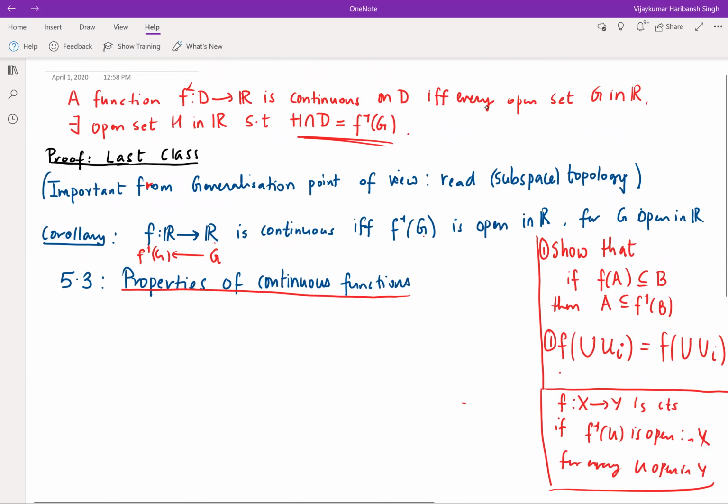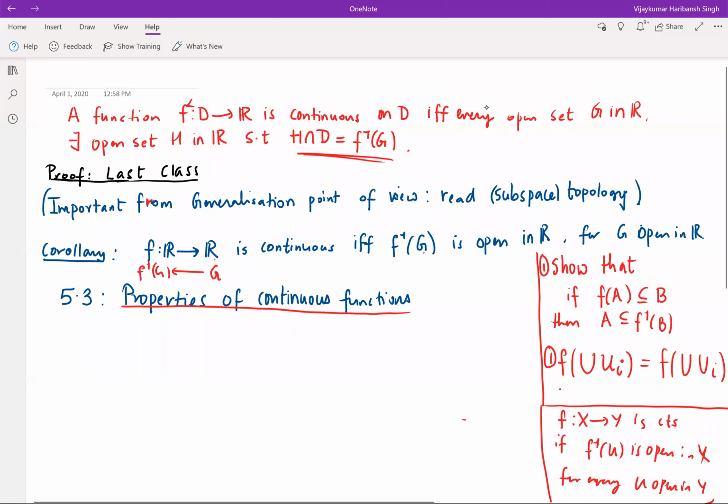Another consequence of this discussion is that there is a concept of subspace topology. For example, if your space itself is, say, [0, 1]. Again, these are things not related to our course, but I think they are important to mention to see how they fit in the bigger picture.